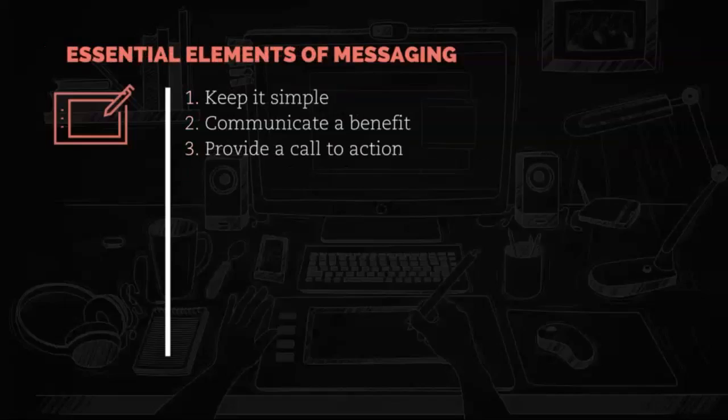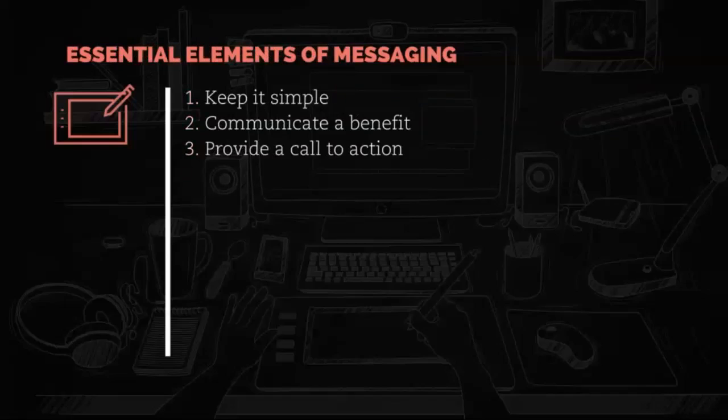Now, we would have spoken about the essential elements of messaging last webinar, and I'll just briefly go through it again because it is all part of what CA messaging is all about. The essential elements include keeping it simple.